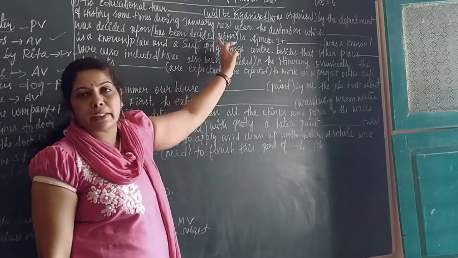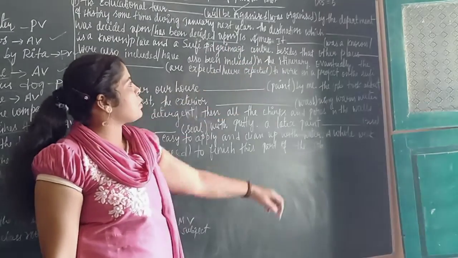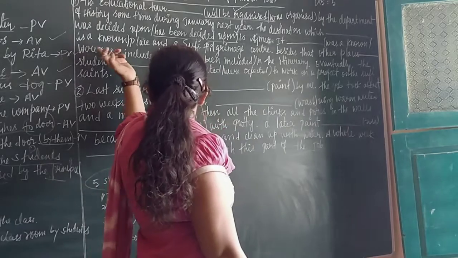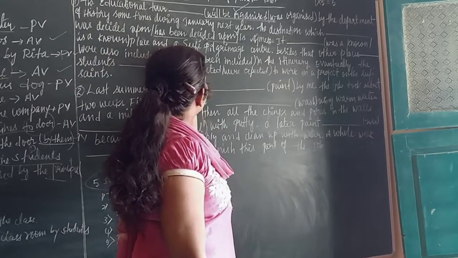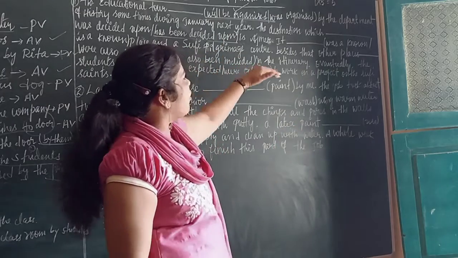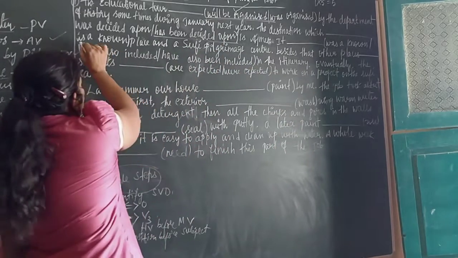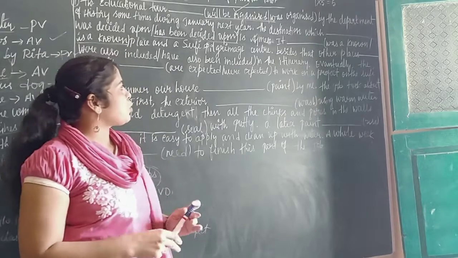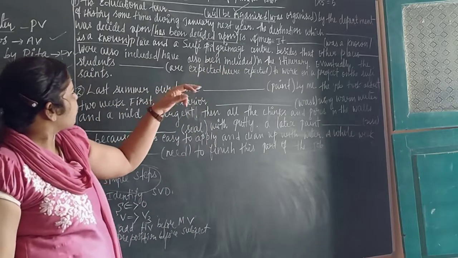Has been decided upon. In Ajmer, it dash was known or is known as a place and a Sufi pilgrimage center. Again, the given paragraph is in present tense. We have to use the present tense form of the passive voice, is known, not was known.